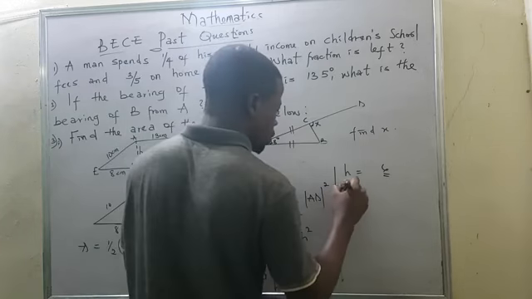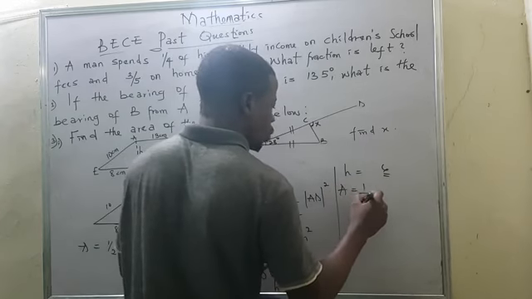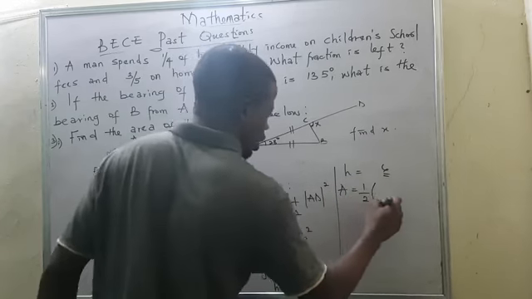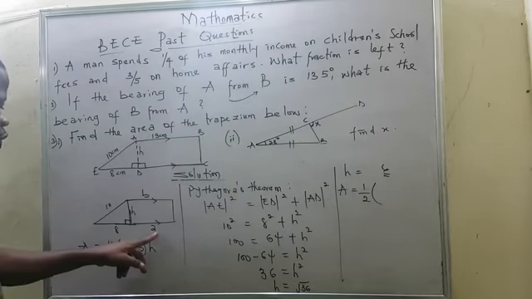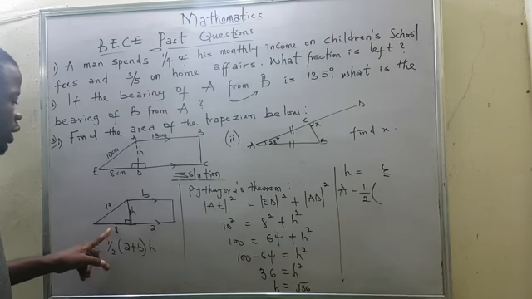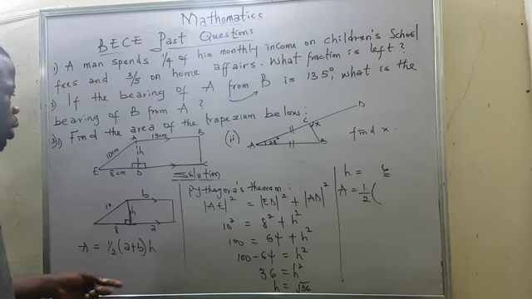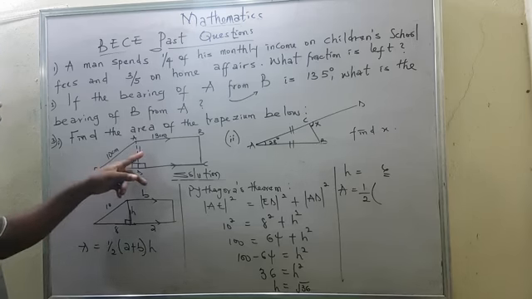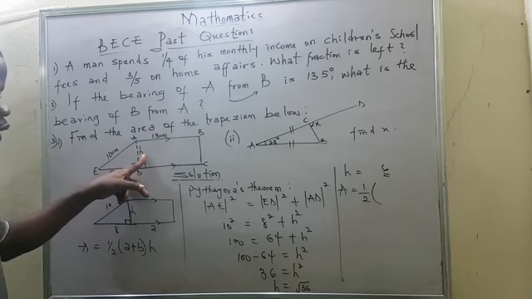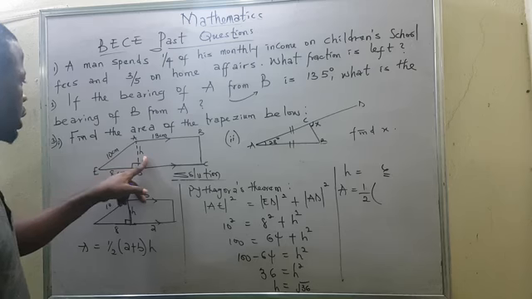So now we can find the area of this trapezium. So area of trapezium will now be half, open bracket, A. This is my A, right? Don't forget there is 8 here. So once we have this, what can we do first? We are not done. We've only gotten height to be 6.